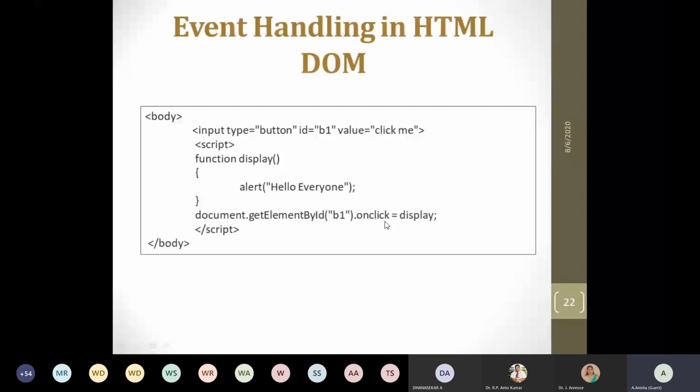Here my event type is click. There is an inbuilt event handler here, onclick. So button element dot onclick is assigned to display. No need of any function call here, just assign the name of the function. So when you click on this button, automatically the function display will get executed. So you can try it out.